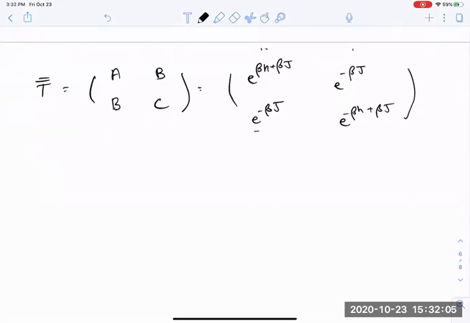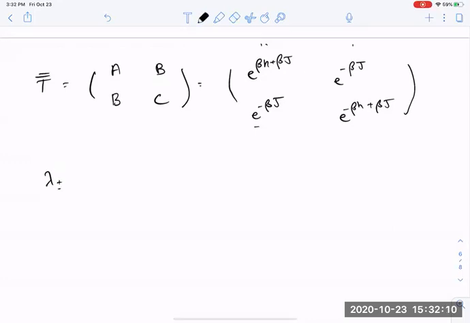So a 2 by 2 matrix has two eigenvalues, lambda plus and minus, which are given by the roots of the characteristic polynomial associated with that matrix, which are 1/2 A plus or minus the square root of 4B squared plus the quantity A minus C, squared.